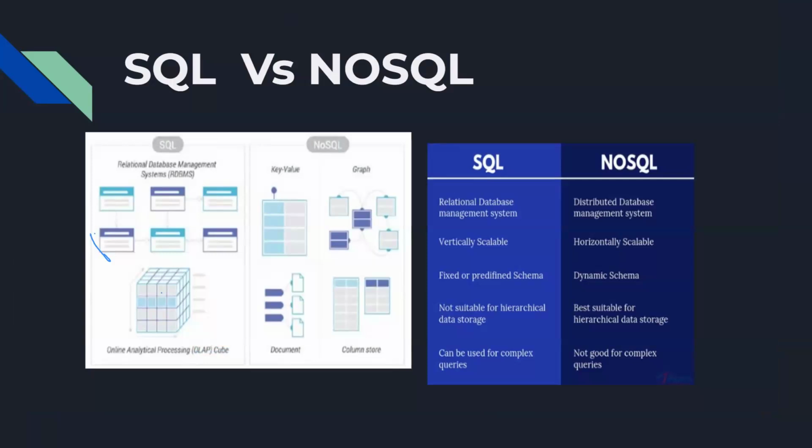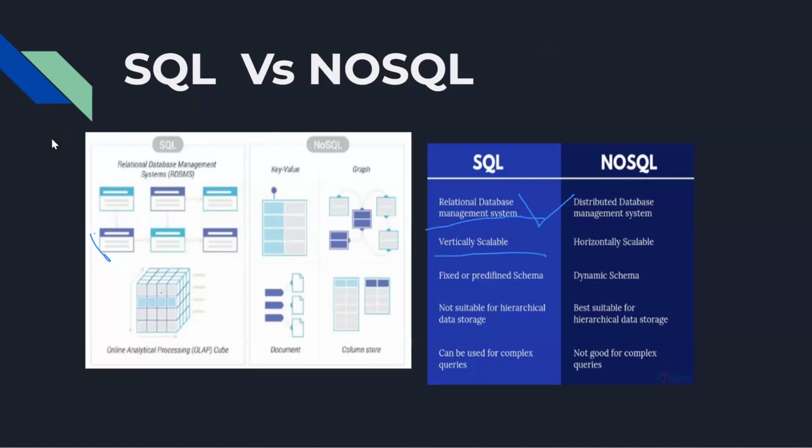If there is no structure, it can be anything: a graph, an image. So SQL always uses RDBMS, Relational Database Management System, and it is vertically scalable.